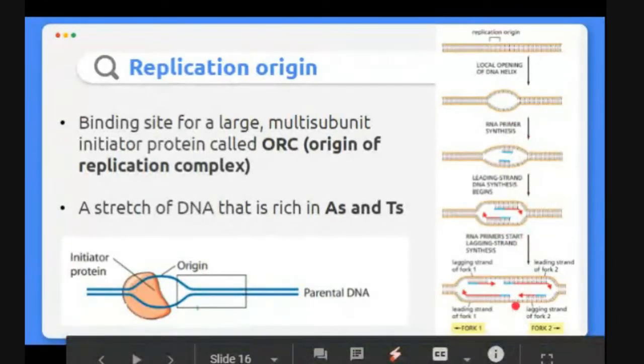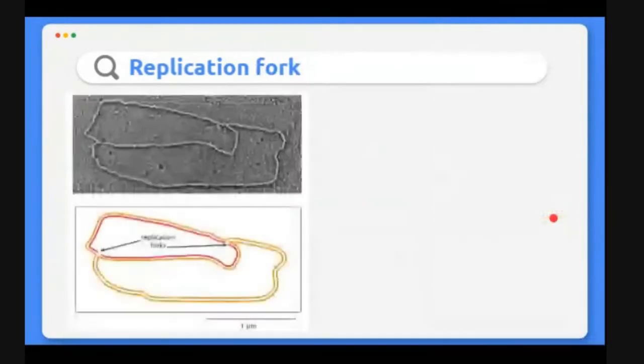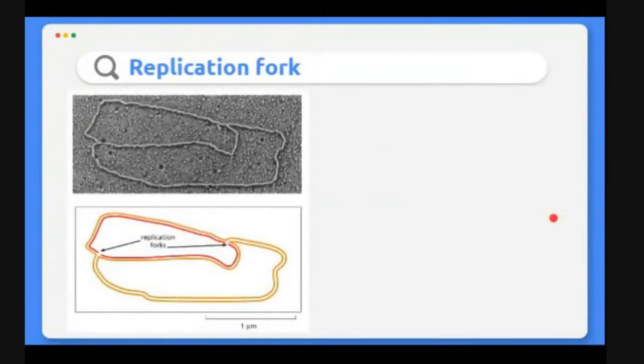But then, as you can see, there are two forks, right? Merong dalawang forks na na-form. And ito yung fork 1 and ito yung fork 2. So, tingnan natin. Again, the replication fork, ito yung sa bacteria because bacteria has a circular DNA, remember? So, ganito yung itsura ng replication fork sa bacteria. There are two replication forks.